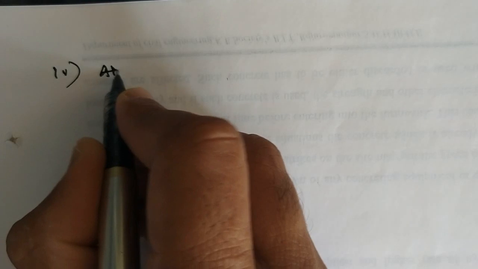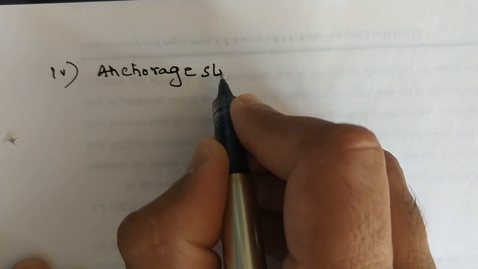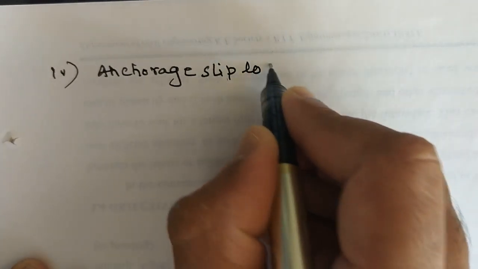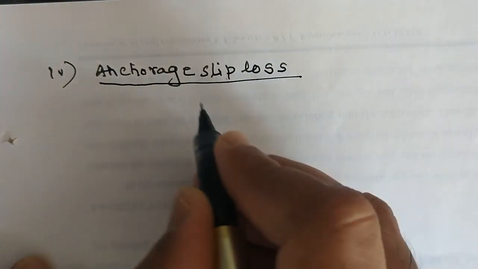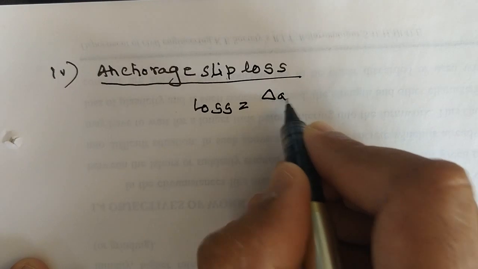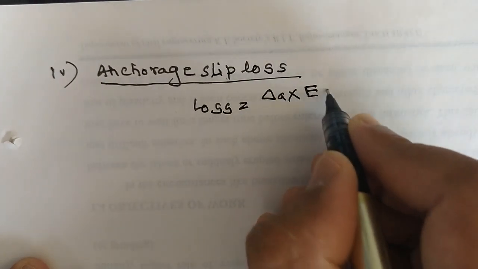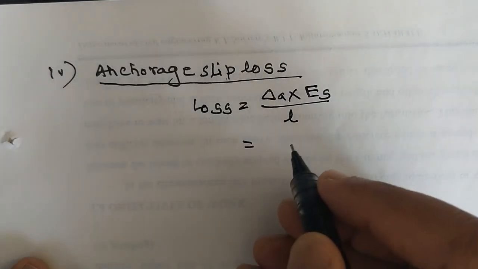Next, calculate the anchorage slip loss, the fourth one. Loss is equal to delta A into Es divided by the span of the beam.